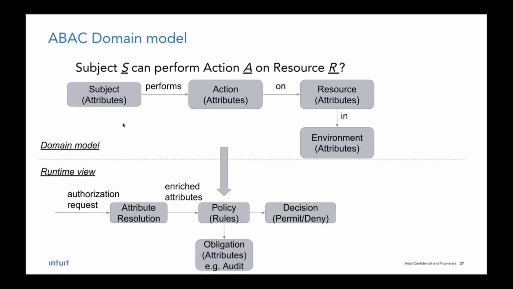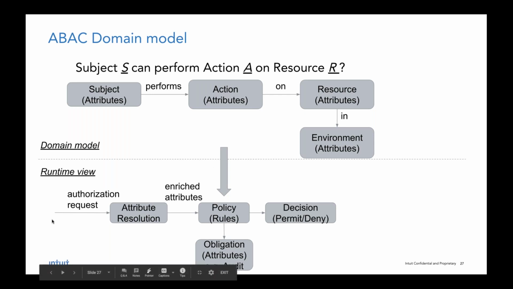Here is the same thing in a different form. The framing is that subject S can perform an action A on resource R, and all of these are attributes. It's a very generic unstructured model, so you can pass any attribute and it can handle many use cases as long as the policy is written in terms of the right attributes. At runtime, a request comes in.